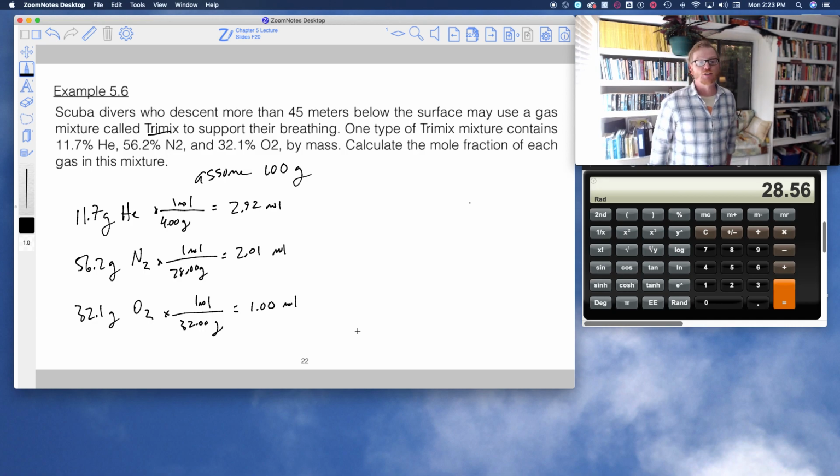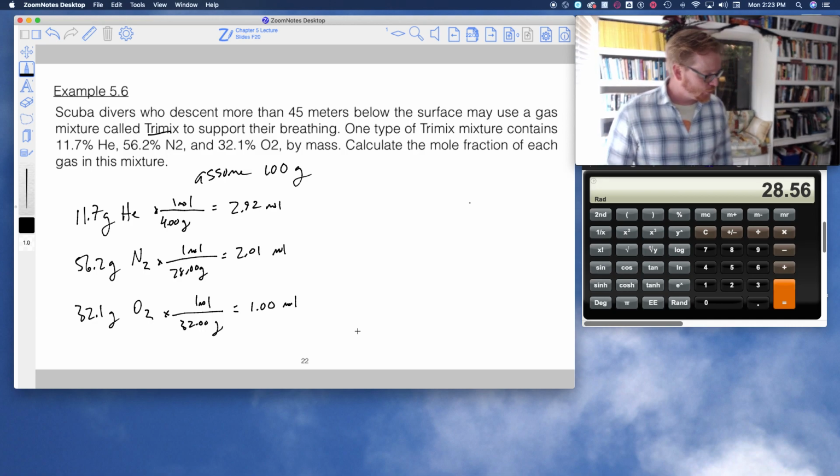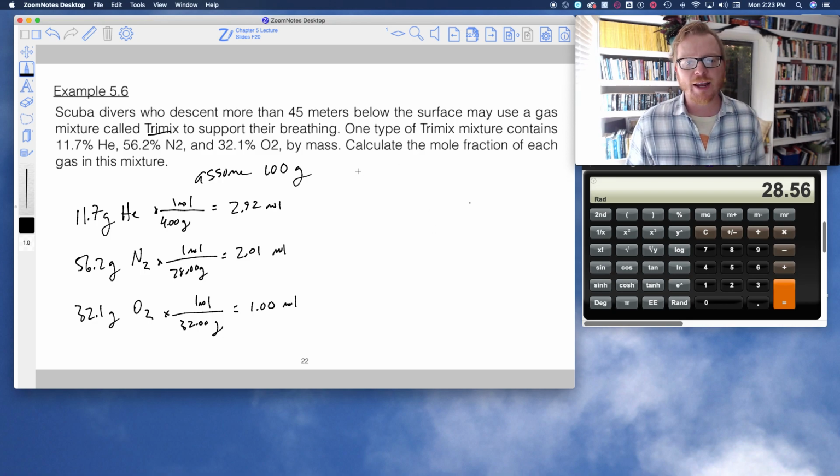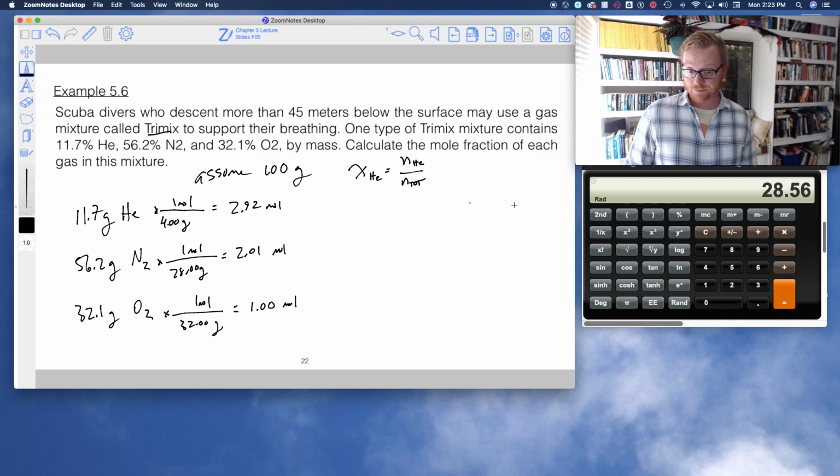Okay? So now, what do we do from here? Well, I have to recognize, for example, if I want the mole fraction of, let's say, helium, then I need the number of moles of helium divided by the total number of moles. Same with nitrogen, same with oxygen. Okay? So how are we going to do that?